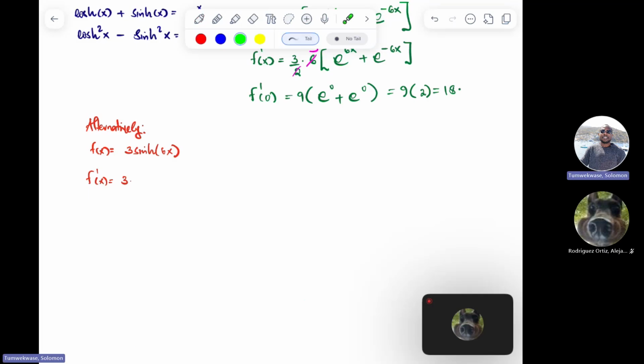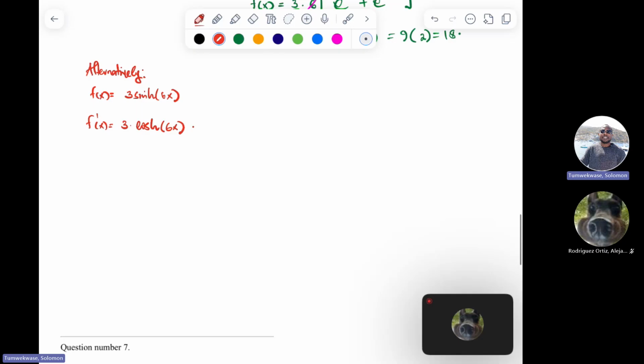Take the derivative of sine hyperbolic, that is cosine hyperbolic, keep the angle the way it is, then times the derivative of that angle. That is how the chain rule works.